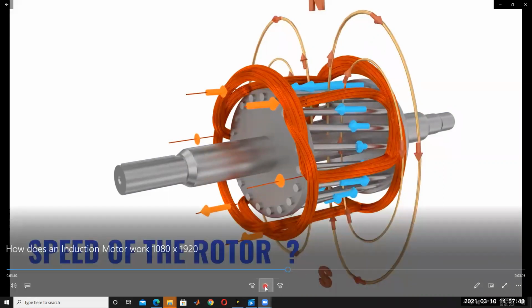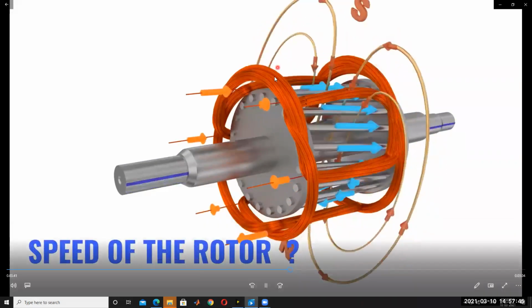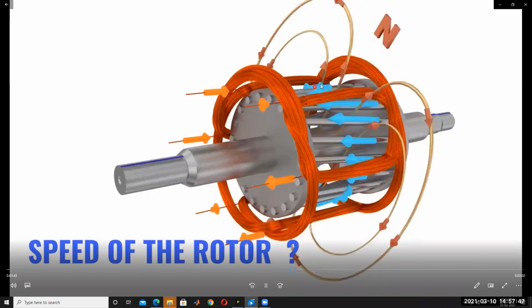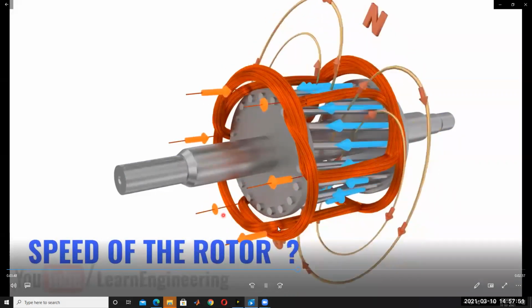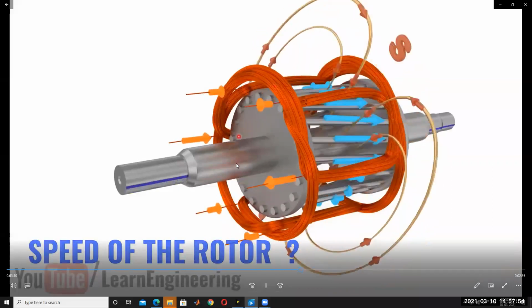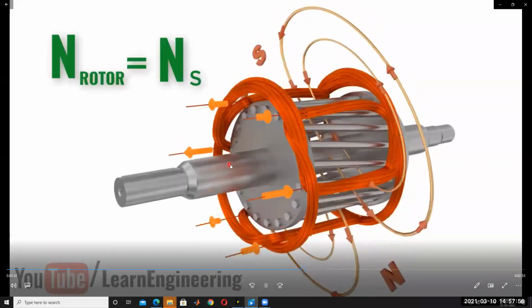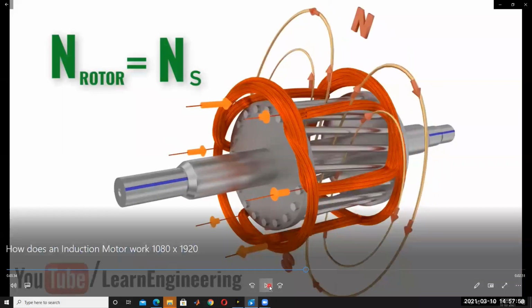The stator rotating magnetic field speed is called NS, and the rotor rotating speed is called NR. If the rotor speed NR and stator speed NS are equal, there is no relative speed between these two, so no EMF is induced in the rotor conductors.